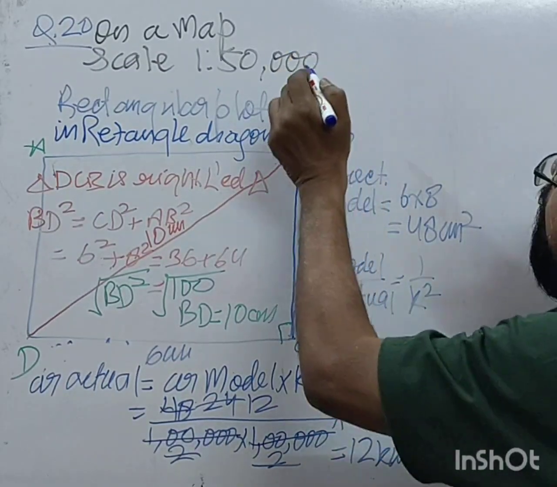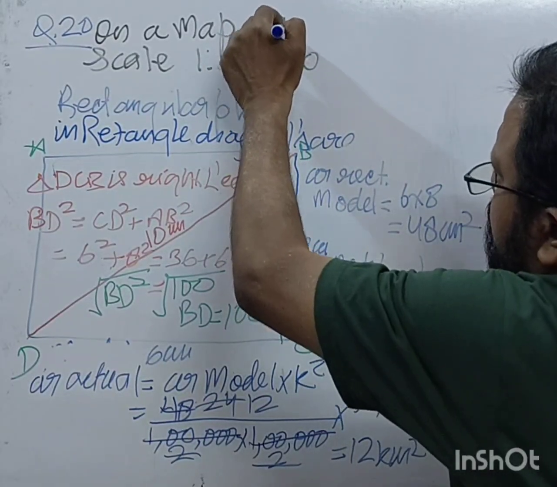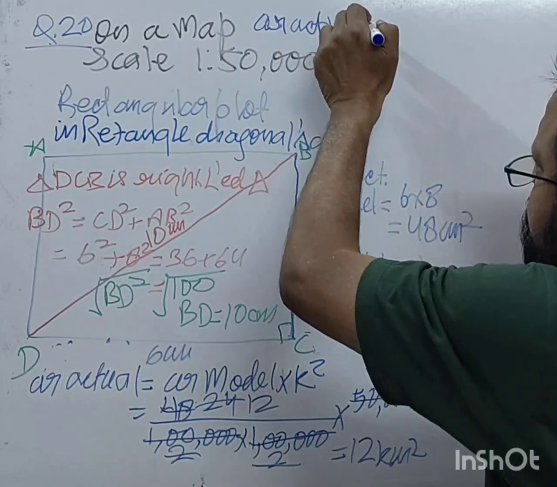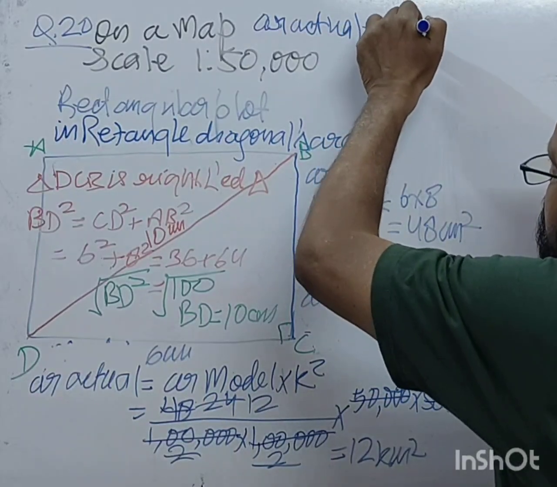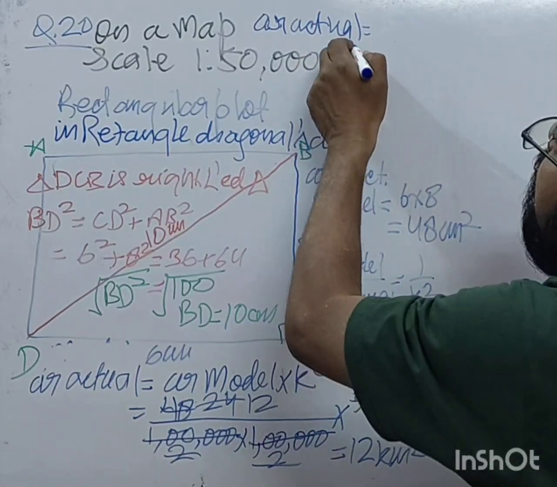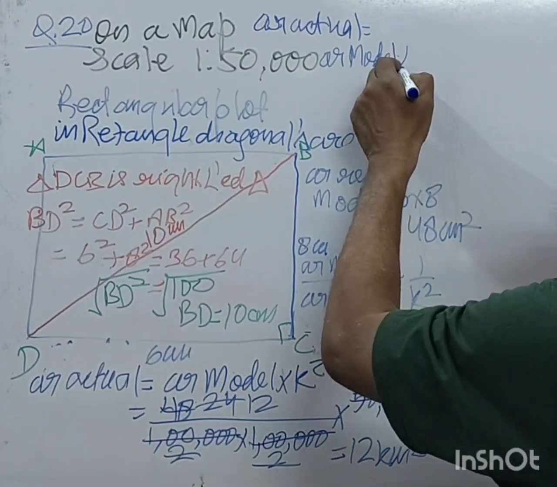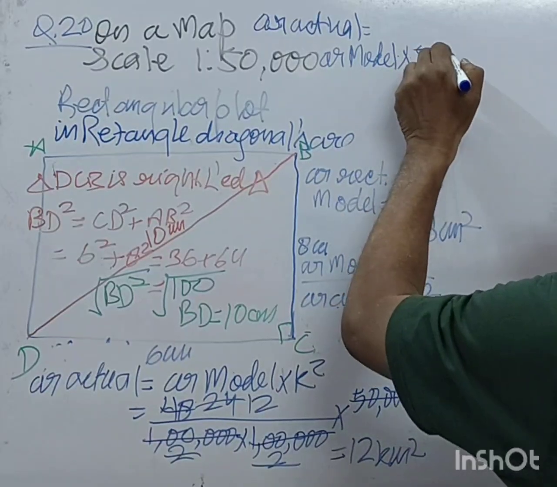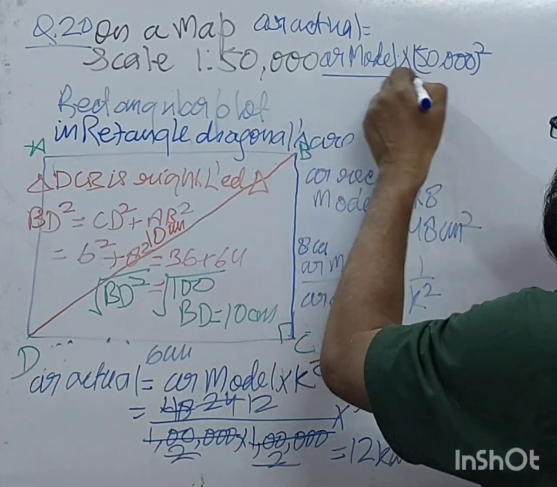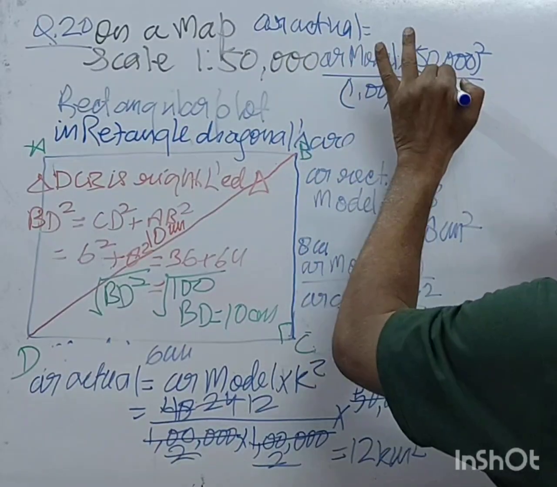So the problem was that we have written area actual is equal to area model into 50,000 whole square upon 1 lakh whole square, right?